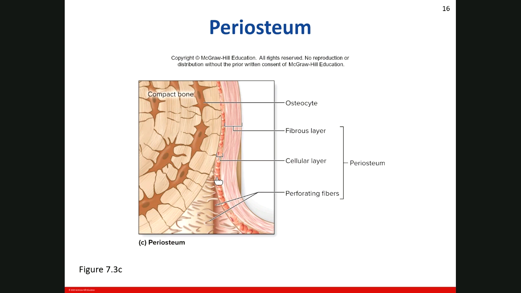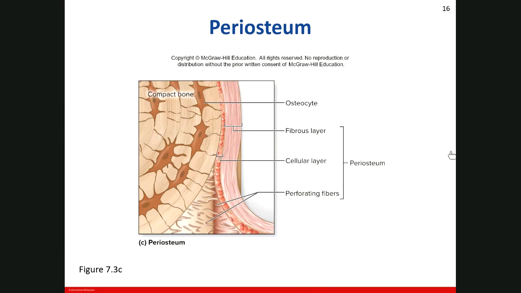The periosteum is attached to the bone surface with many collagen fibers, which we call perforating fibers. These perforating fibers are very hard. We cannot detach the periosteum from the bone easily. Just heat and high temperature can dissolve these fibers, and then we can separate them.